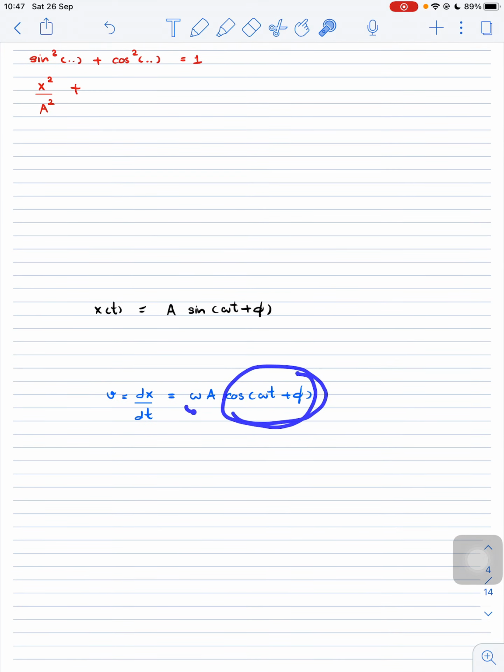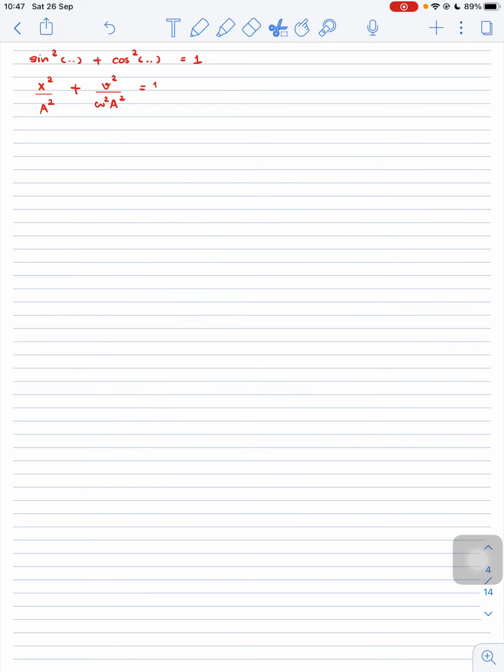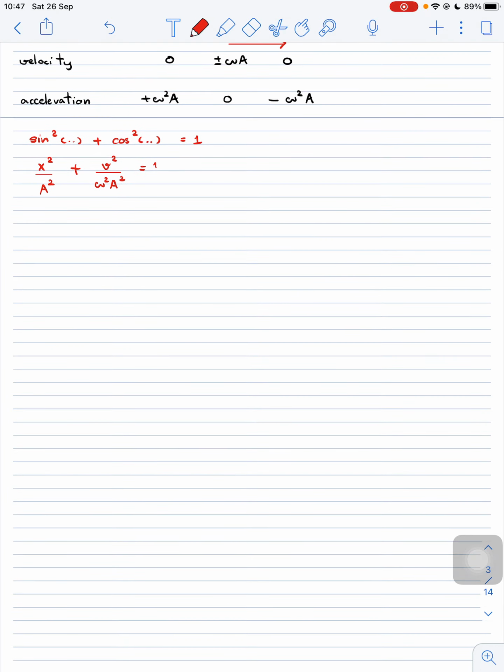So I'm going to move the omega A to the left-hand side. Then we have v squared over omega squared times A squared equals 1.